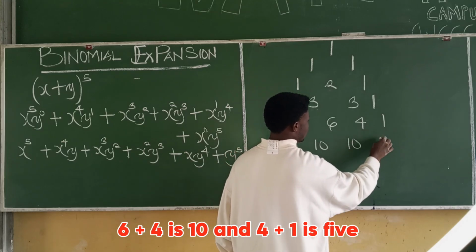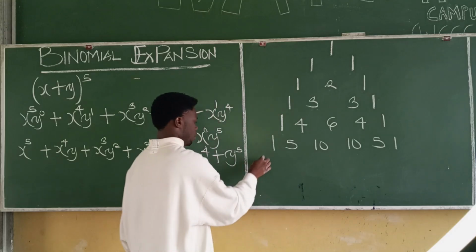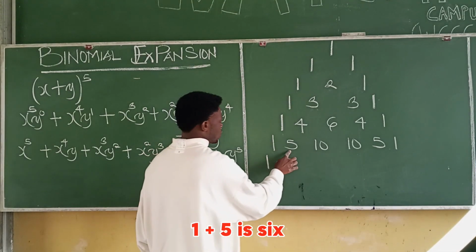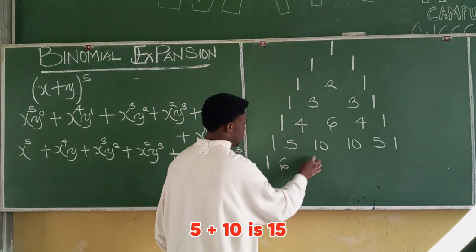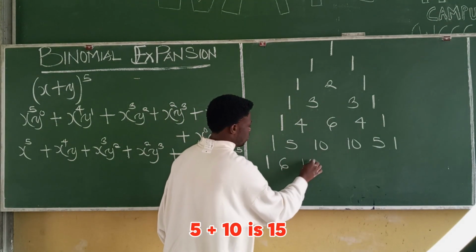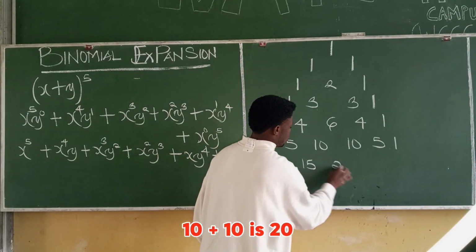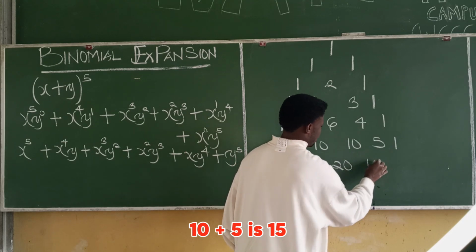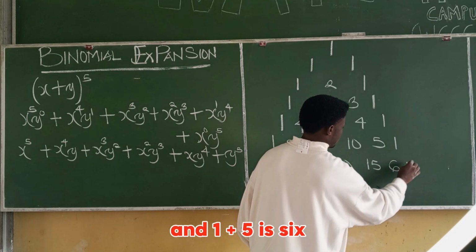And 4 plus 1 is 5. Again, we have 1. 1 plus 5 is 6. 5 plus 10 is 15. 10 plus 10 is 20. 10 plus 5 is 15. And 1 plus 5 is 6.